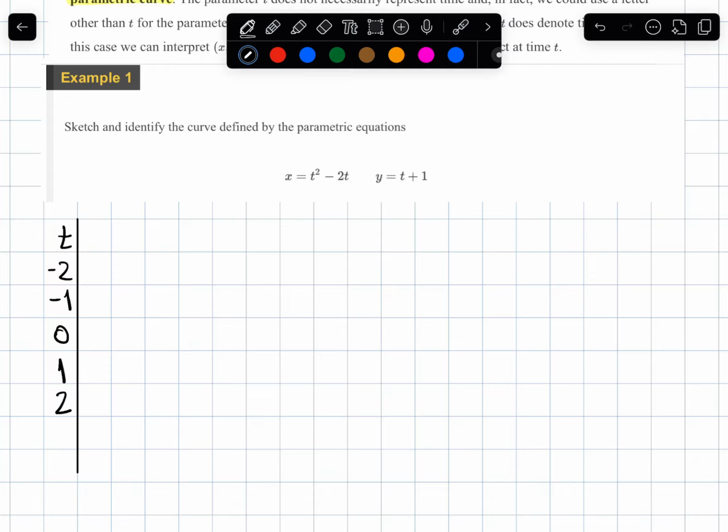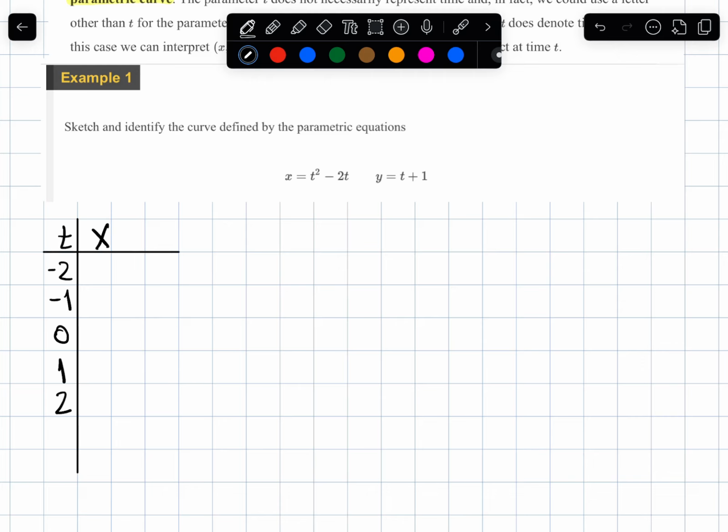And again, you can think of this as, where is my point xy when t equals -2 seconds? And then where is it when t equals -1 seconds, when t equals 0 seconds, 1 second, 2 seconds, and so on.